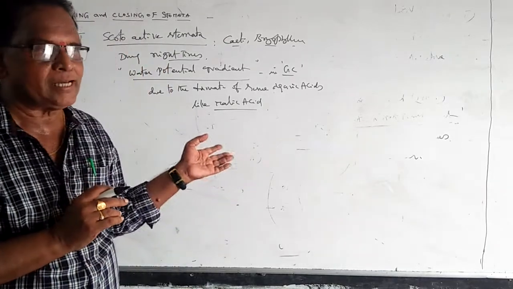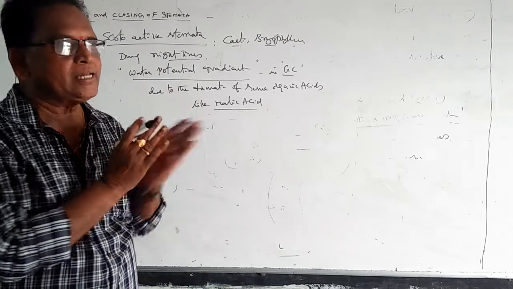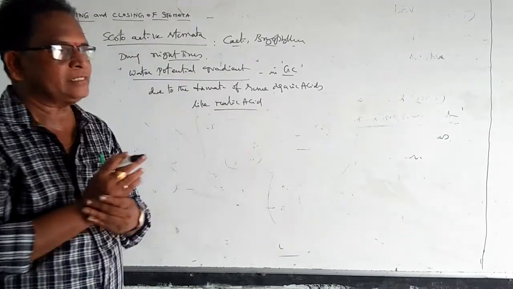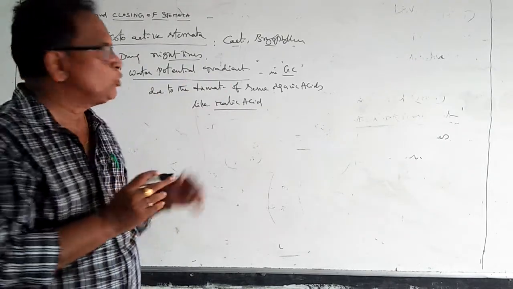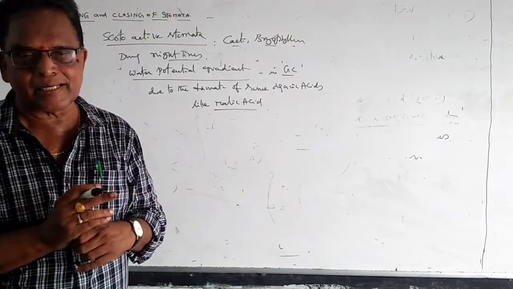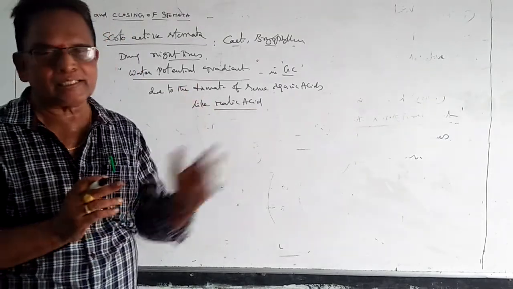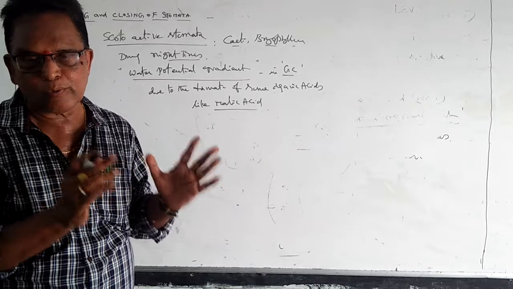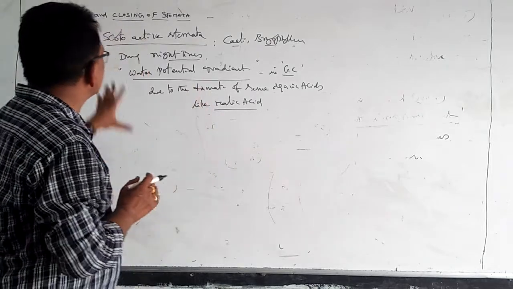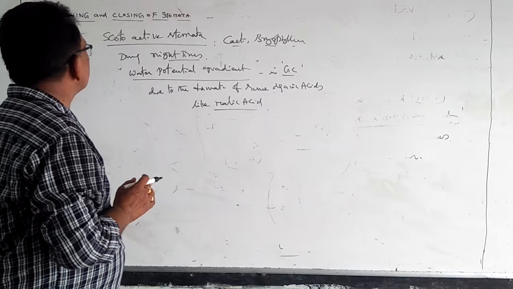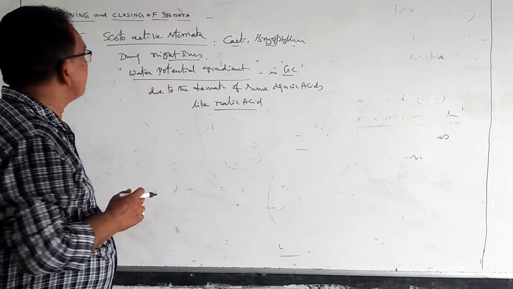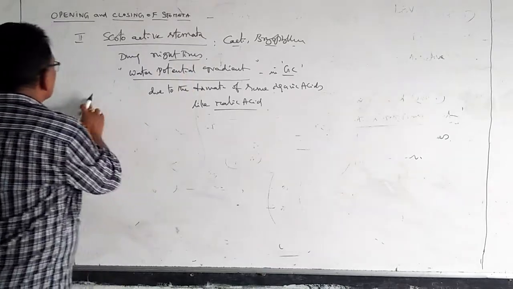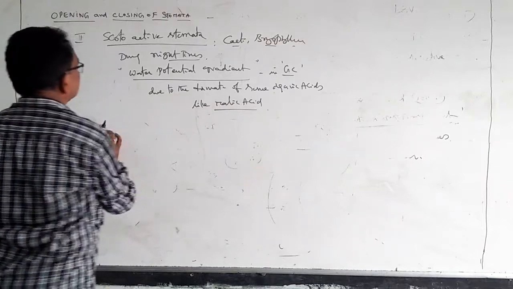Due to the accumulation of this malic acid, a water potential gradient is established inside the guard cells. Due to this, slowly water enters into the guard cells. So during night time, the guard cells become turgid and the stomata opens. This is the mechanism for the opening of stomata in plants like cacti and bryophyllum.